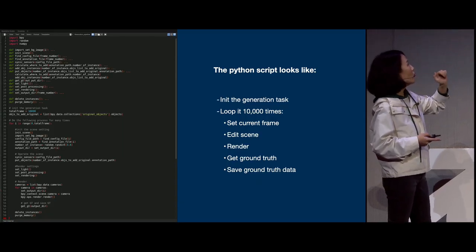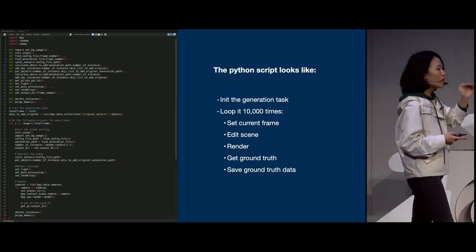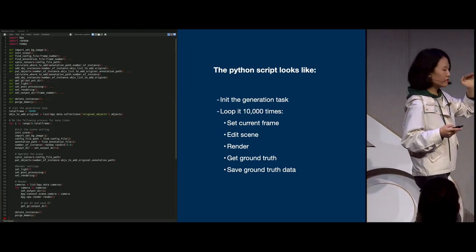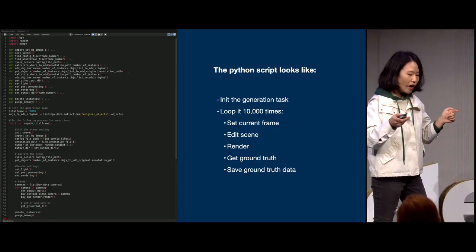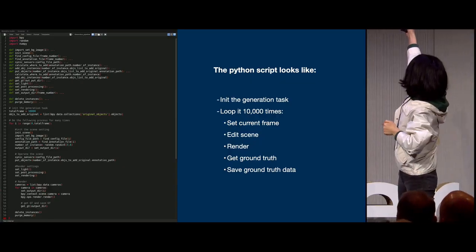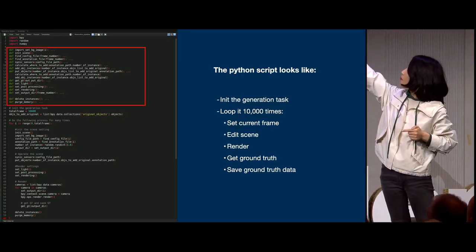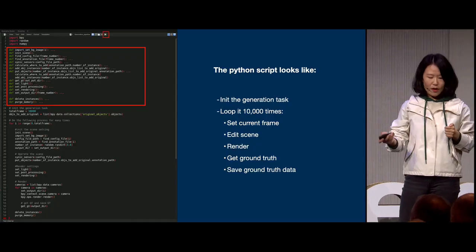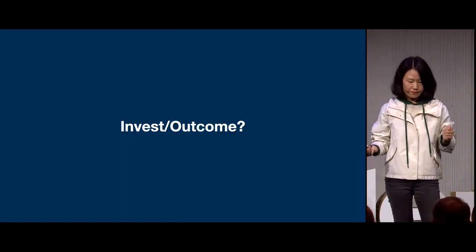In each loop, we set the current frame, edit the scene, render, find the ground truth data, and save it safely. Exactly how we are going to do these steps will be defined in this part of the code. So now, if we hit this run button in Blender, the generation process begins.